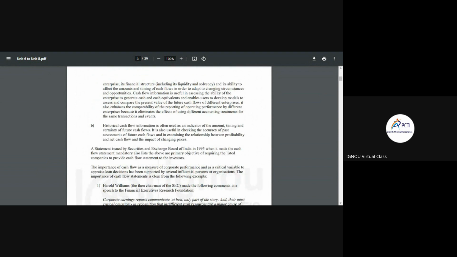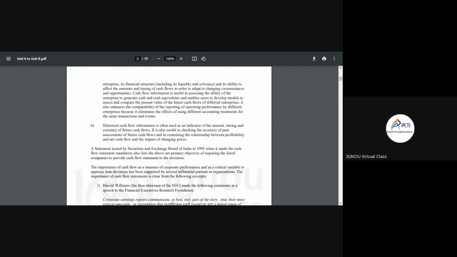Second, historical cash flow information is often used as an indicator of the amount, timing, and certainty of future cash flow, and it is also useful in checking the accuracy of past assessments of future cash flow, and in examining the relationship between profitability and net cash flow and the impact of changing prices.